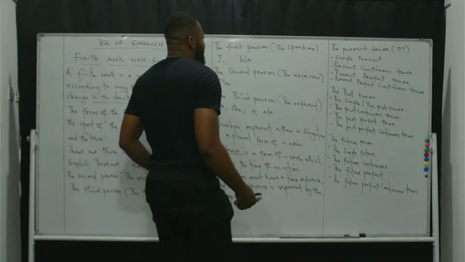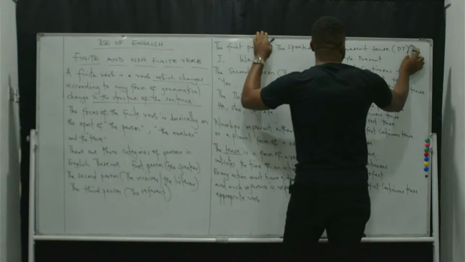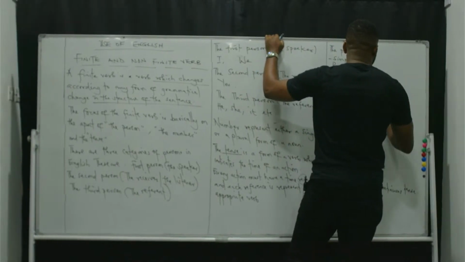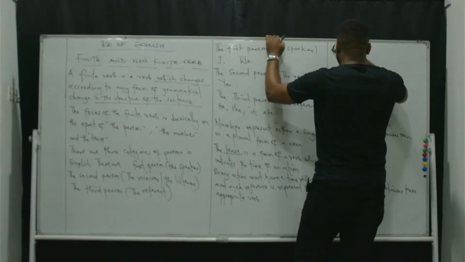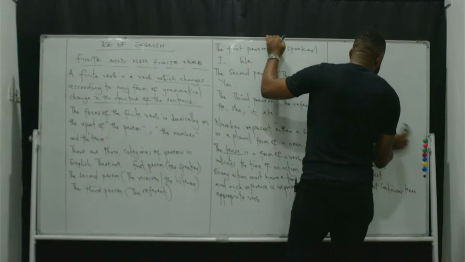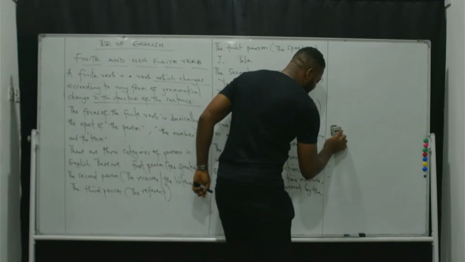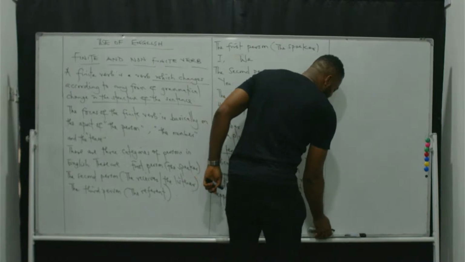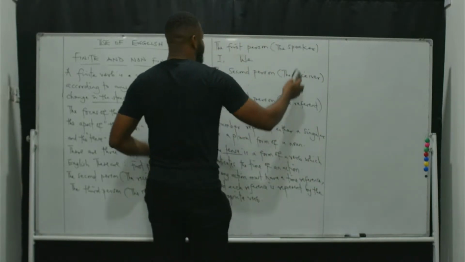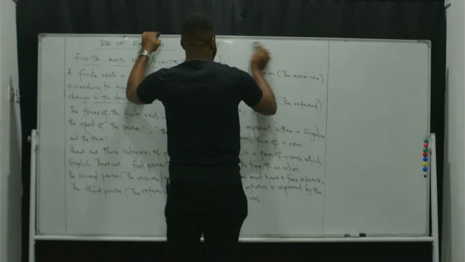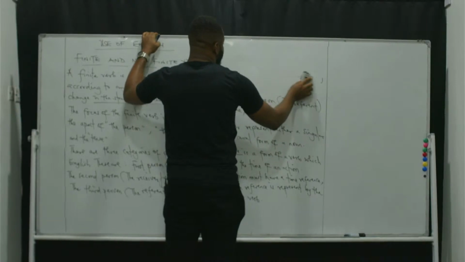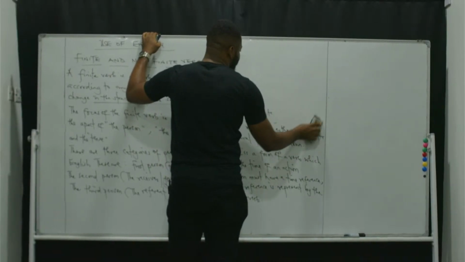Okay, now let's take an example. So our example can stem from either a regular verb or an irregular verb, but irregular verb will make more meaning. I hope you still remember what an irregular verb is. But in case you don't, I would still explain to you better.